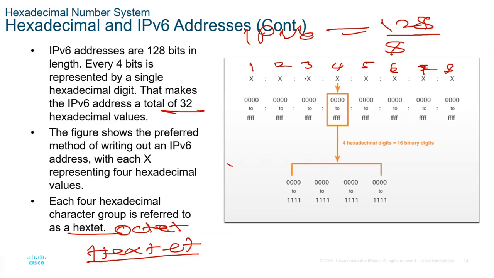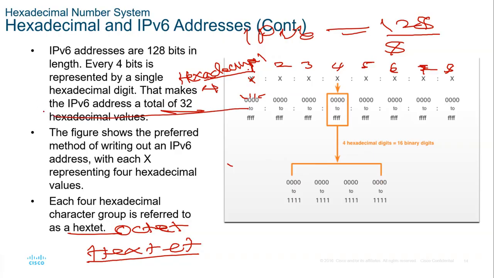So each hextet that you're seeing is supposed to have hexadecimal values totaling to 4. So the X here has to have 4 hexadecimals: 1, 2, 3, then 4, in the range from 0 up to FF.